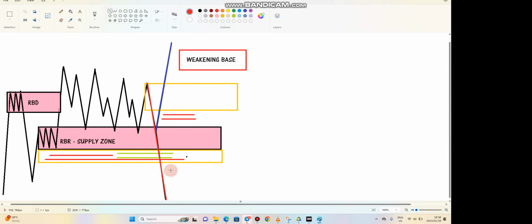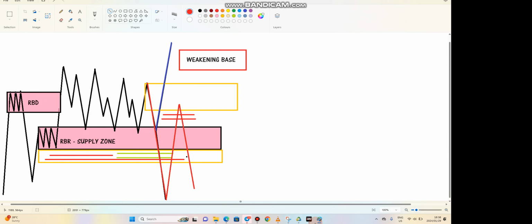The market will pull back now, going back to the base that caused the breakout, and then this is where us, the supply and demand traders, enter ourselves, and then boom, voila, that's where we sell around the base that eventually caused what? The breakout of the weakening base. So this is the weakening base.